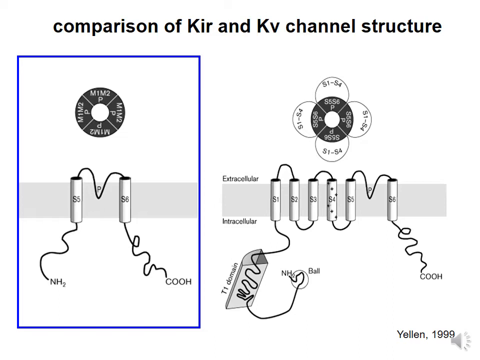It doesn't have the S1 to S4 domains, and therefore they don't have a bona fide voltage sensor. Actually, these KIR channels look more like the KcsA channels that we talked about in our previous lecture.